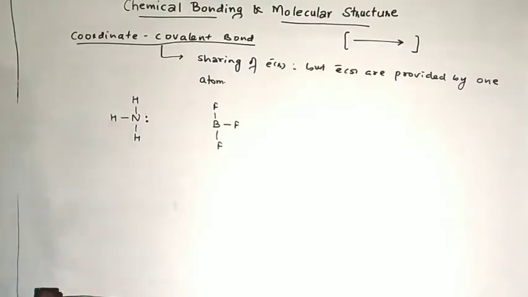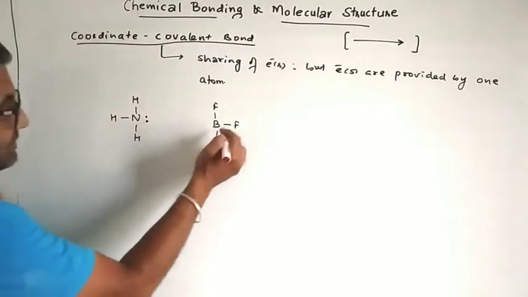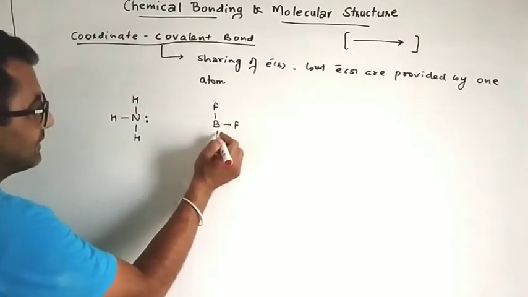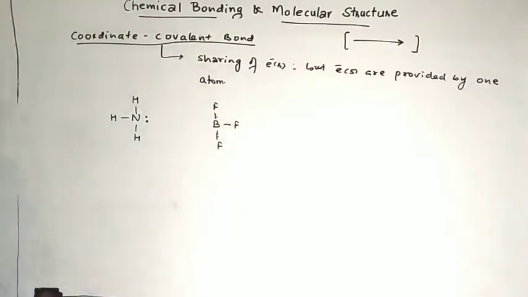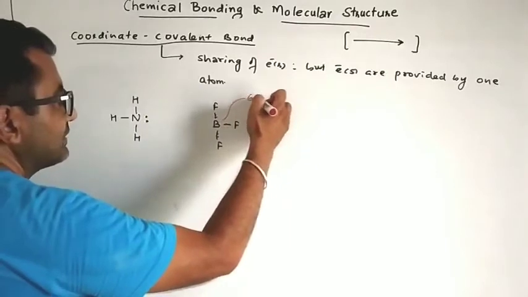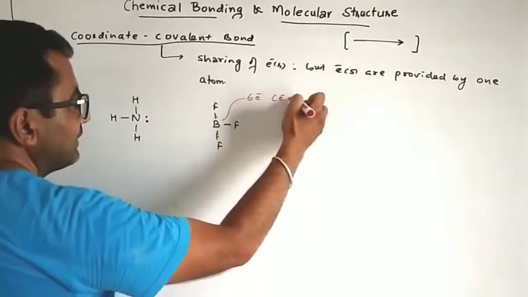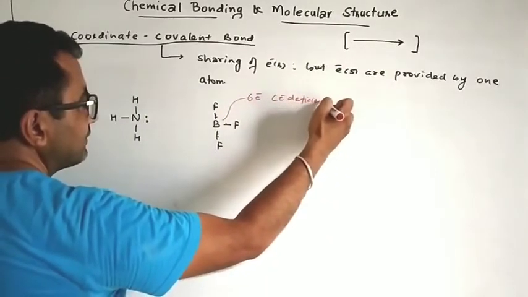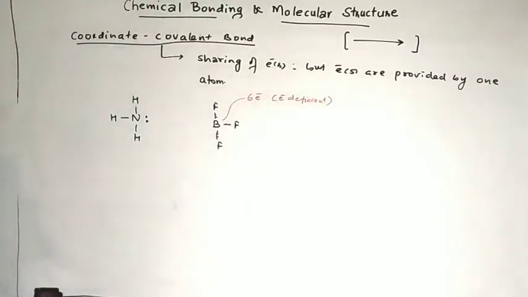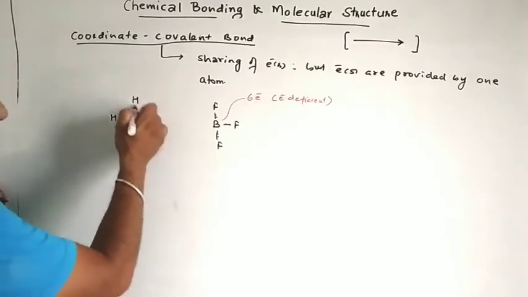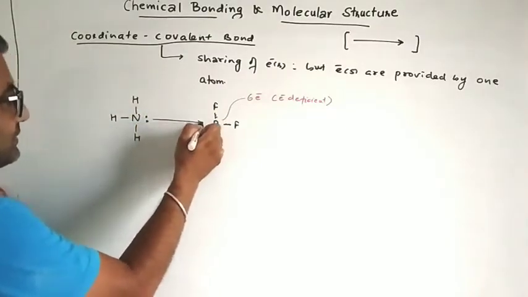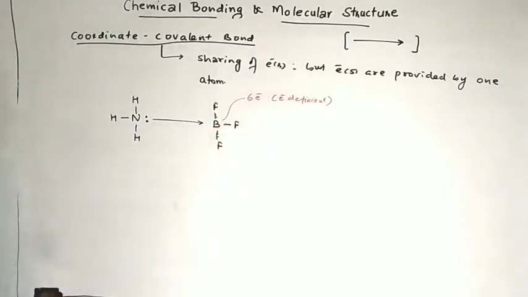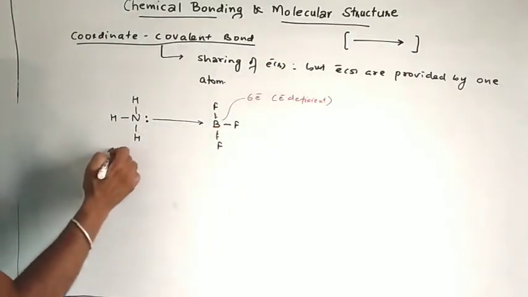No atom is electron deficient here, but in this structure you can see that there are 6 electrons around the boron. So this boron has 6 electrons. It is electron deficient. It can accept a pair of electrons. After forming the bond, nitrogen has one lone pair of electrons which relate to this. So this is an electron-rich species.